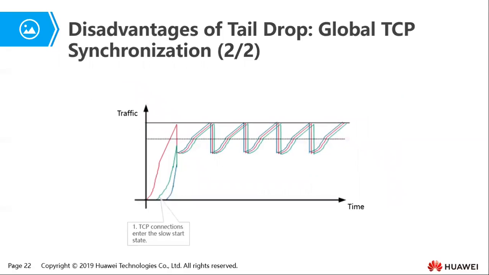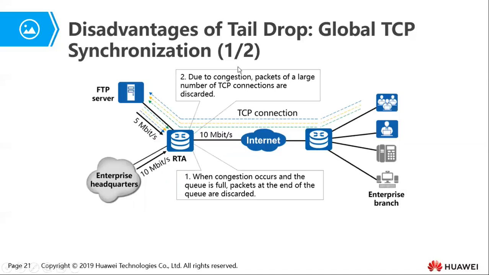Now, what is TCP global synchronization? So far, we've agreed that at this particular point, congestion can occur because the aggregated rate here exceeds the rate at which this interface can forward data.